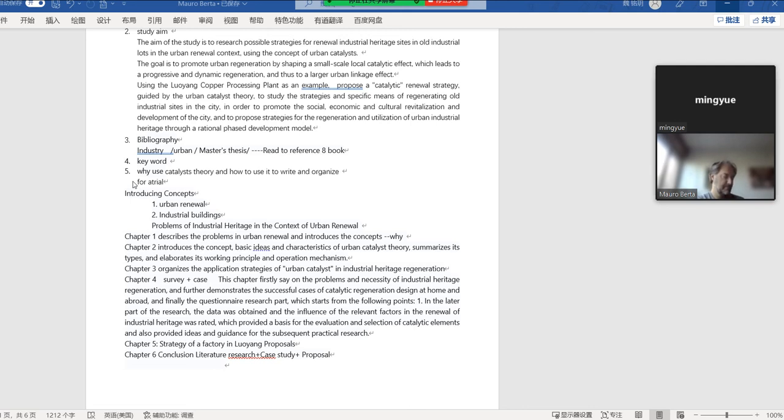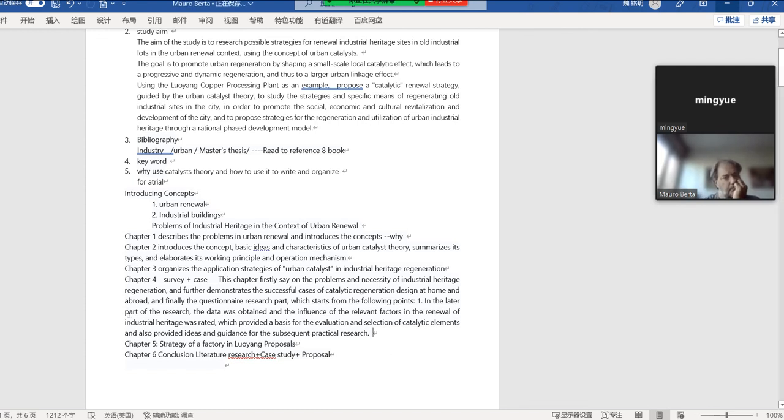So maybe they will have some small influence. And number 5 is to use this way in the Luoyang proposal. Sorry, I forgot to say, the case study is first from a German case.